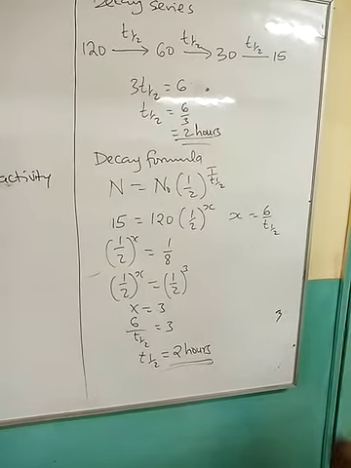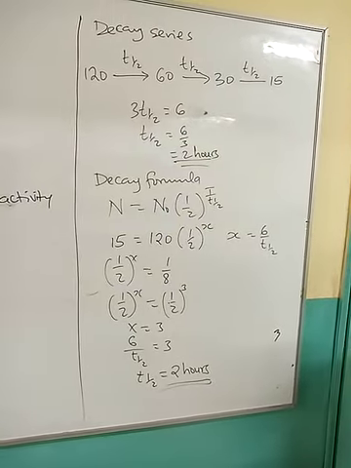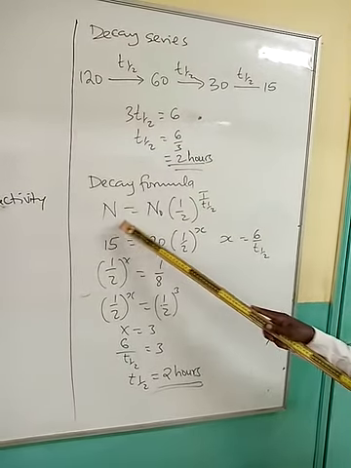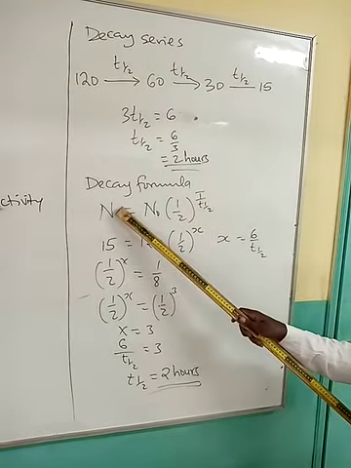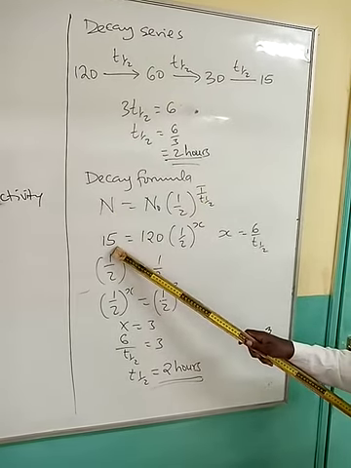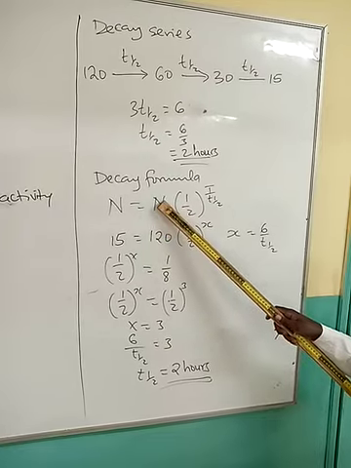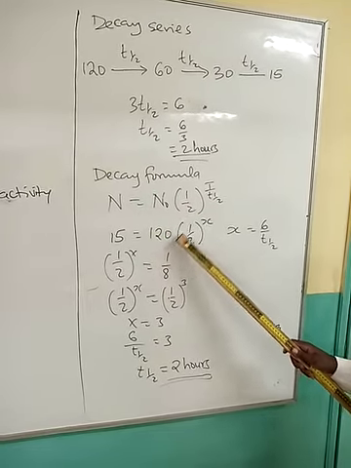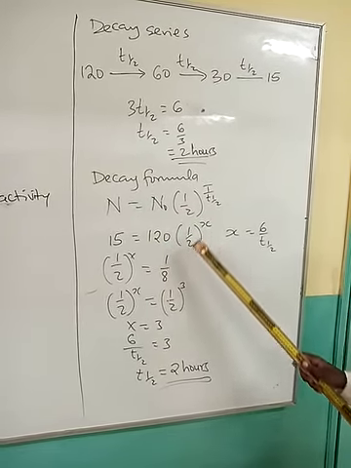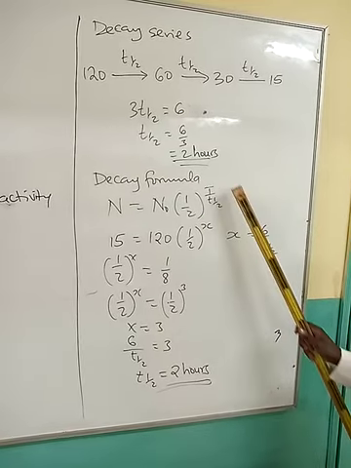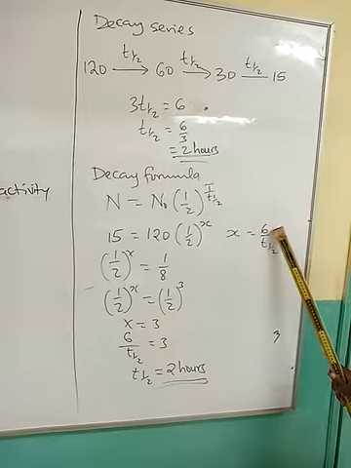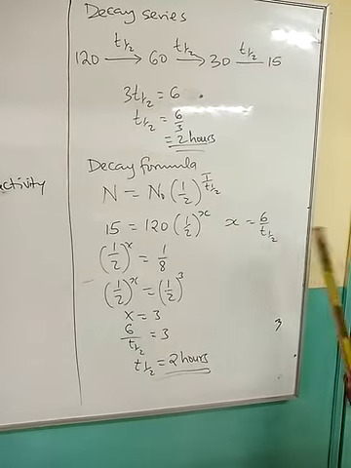We can equally use the decay formula. And the decay formula, we said N is equal to N naught into a half power t over t half. N already we have there as 15, the final. N naught is the initial, we have there as 120. In bracket into a half power x. I'm using x to represent this part, where t is 6 and the half-life is what we are looking for.